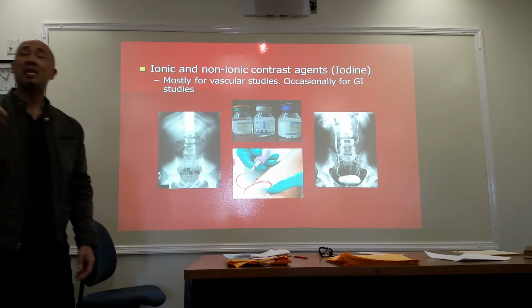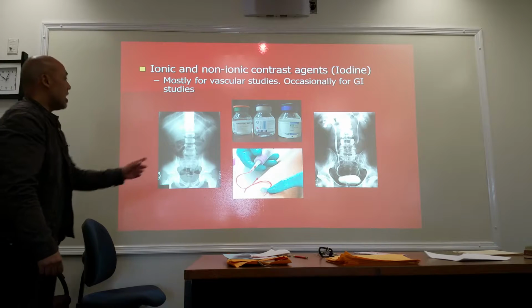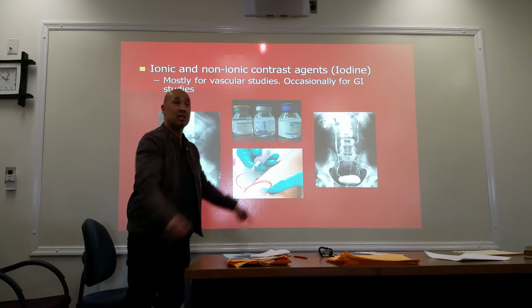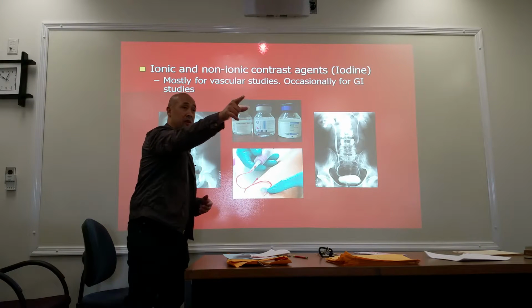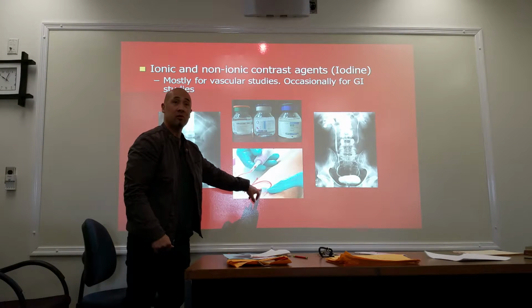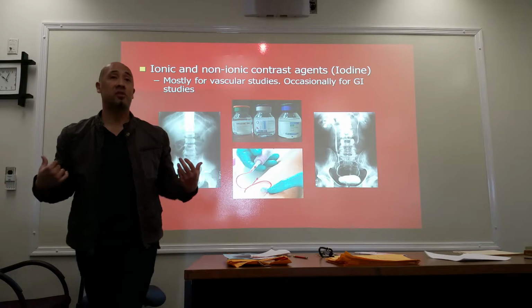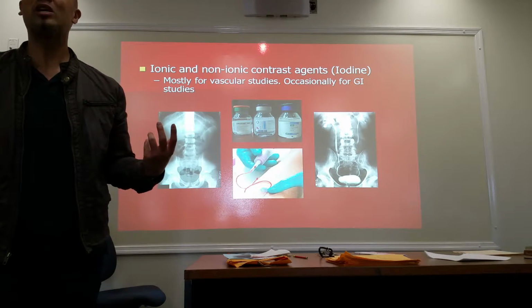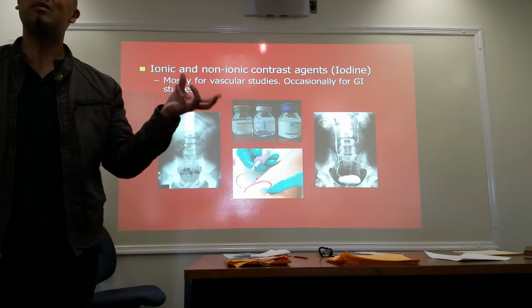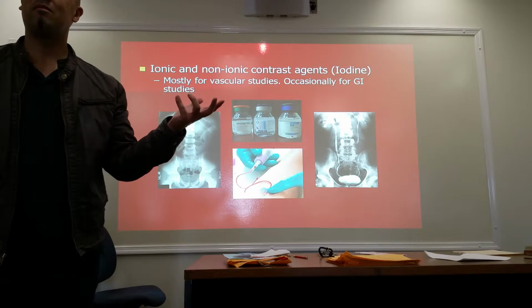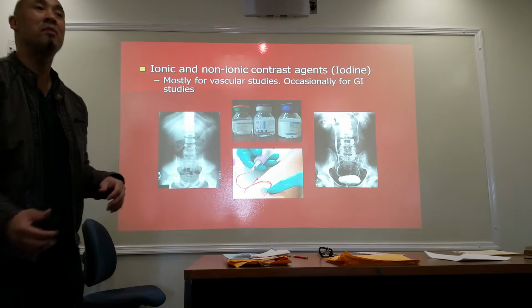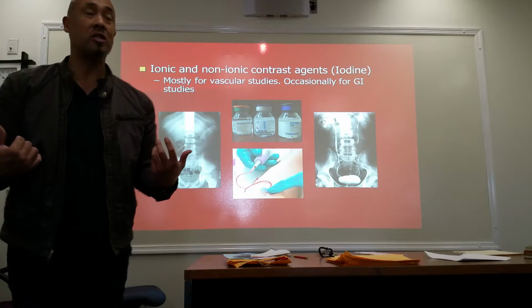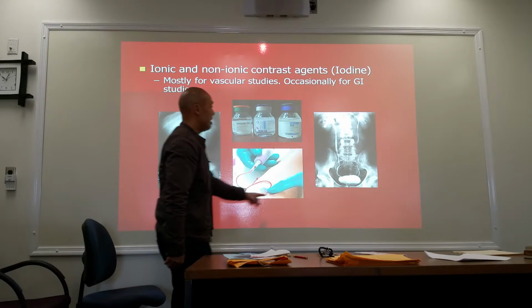When it's introduced intravascularly, now we can see the vessels of the body. You don't want to put barium into your vessels because you're going to kill them. Remember, barium is a metal. So we're going to use something that's a little bit more forgiving to the body: iodine contrast.